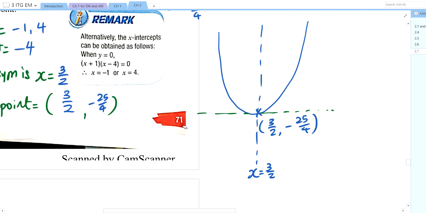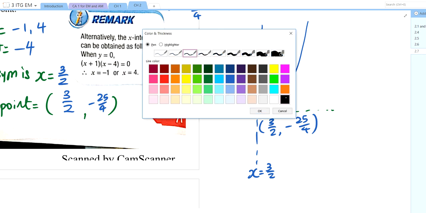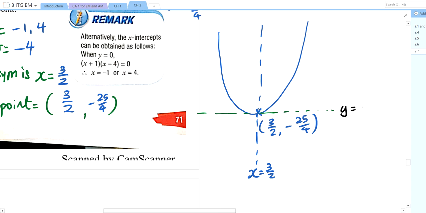I think it's very hard to see. This value is y equals negative 25 over 4. Okay, where is my x-axis? Above, raise your hand. Who thinks it's above? Okay, who thinks it's below? Who thinks it's on the green line? Why do you think it will be on the green line?